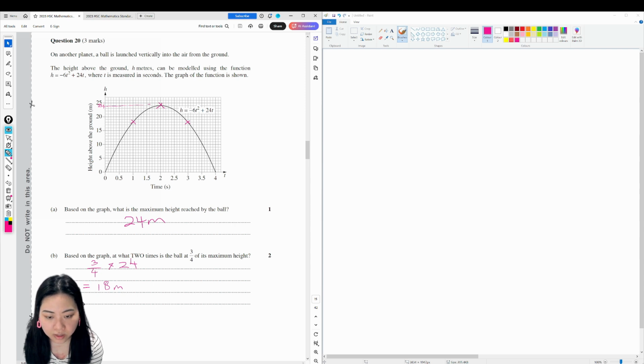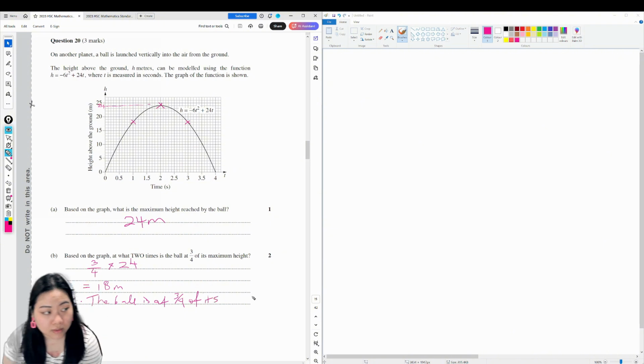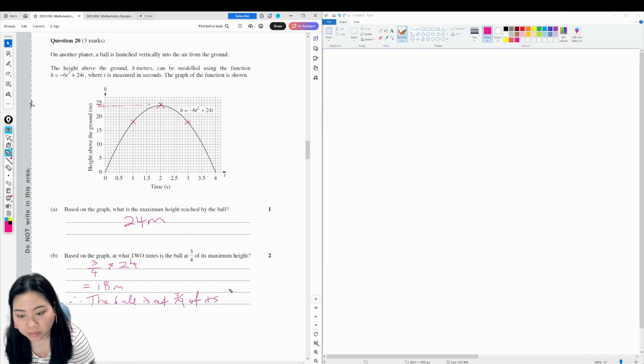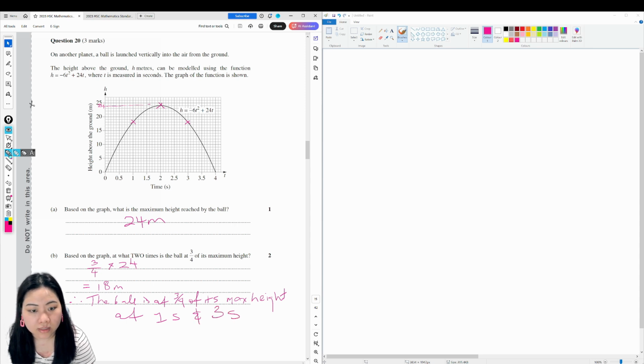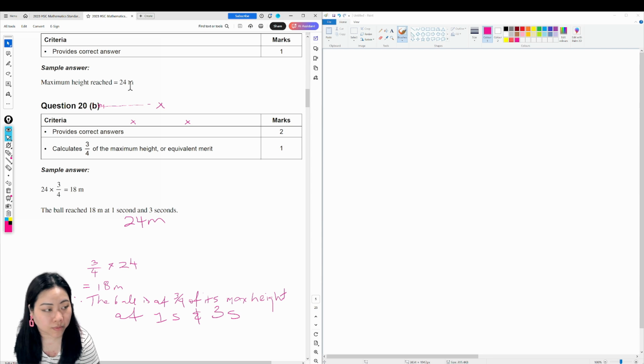Therefore, the ball is at 3/4 of its max height at 1 second and 3 seconds. Let's go to the answers. Maximum height is 24 meters, yes. And then the ball reached 18 meters at 1 second and 3 seconds.